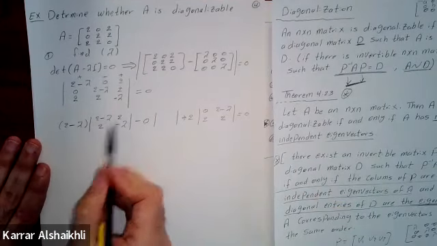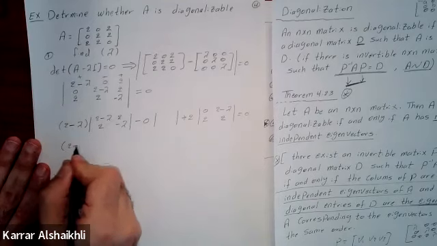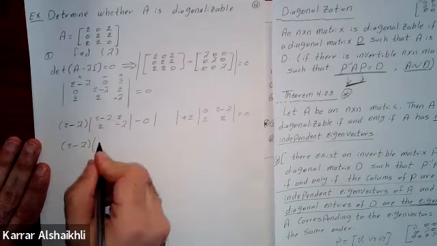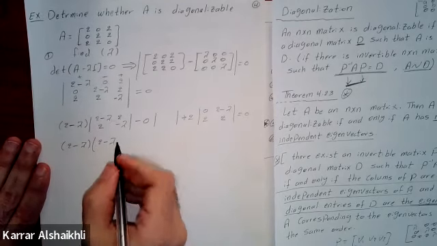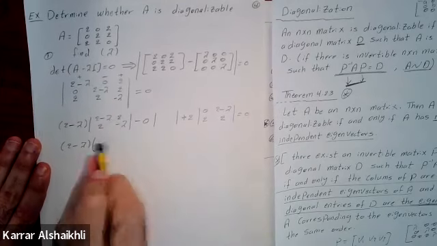Now we're going to multiply these cross. So it will be 2 minus lambda multiplied by 2 minus lambda times negative lambda, so it's going to be negative 2 lambda.